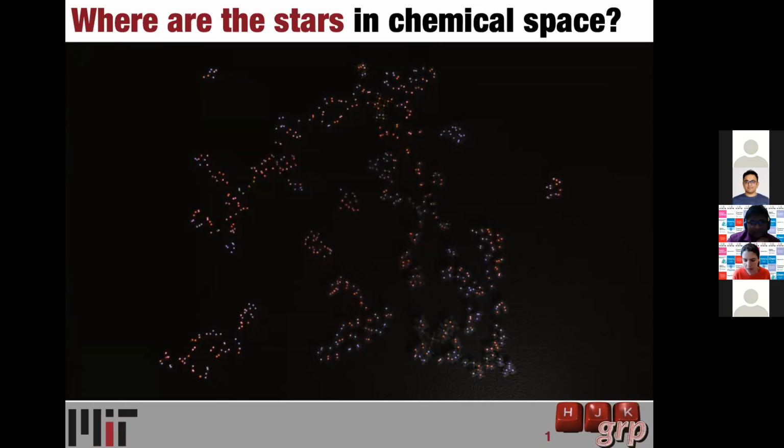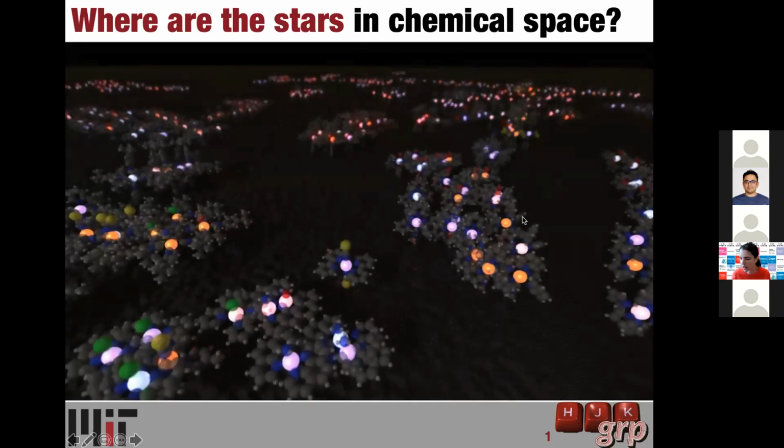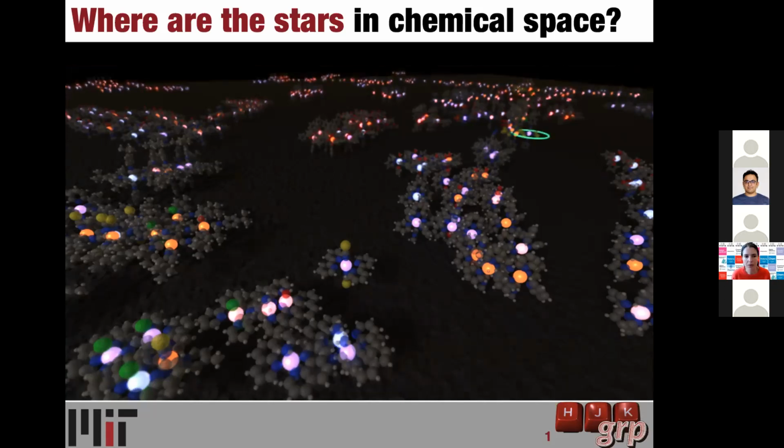People like to make comments about how big organic molecule space is, but in comparison, the space of transition metal complexes is considerably larger to think about exploring, because we have to think about the ligands and metal combinations and spin and oxidation states, and the sheer size of some of these molecules.